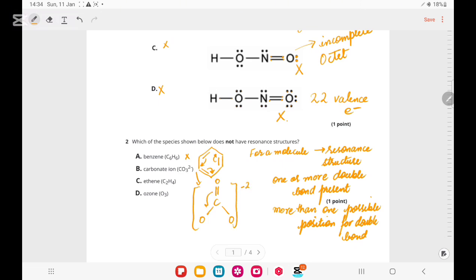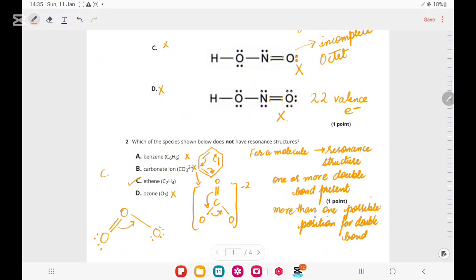So this can rotate here, then that can rotate further. And if you see ozone, then ozone is having a double bond here, one single bond here, having electrons like this. So this can rotate at this point as well. So this can't be the option, only this is the option.